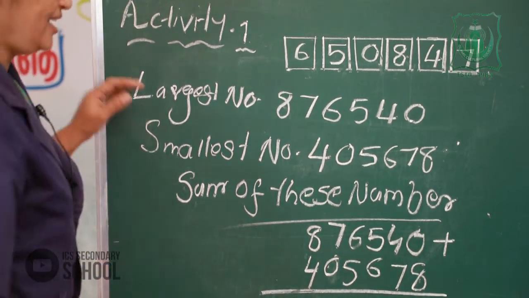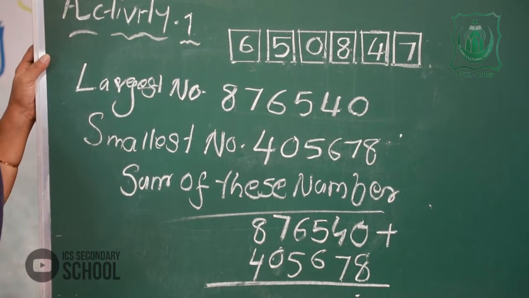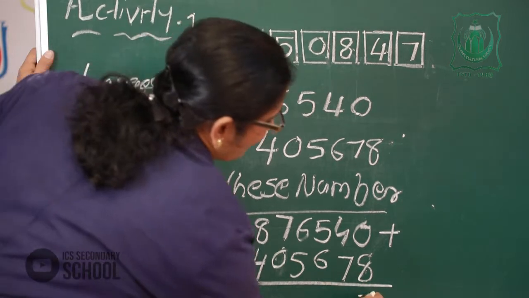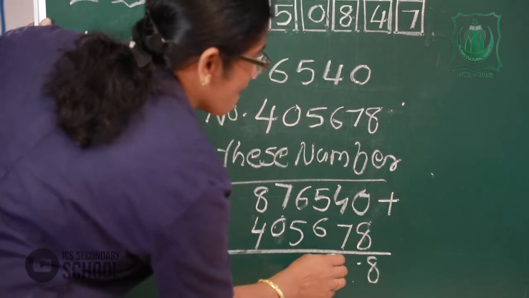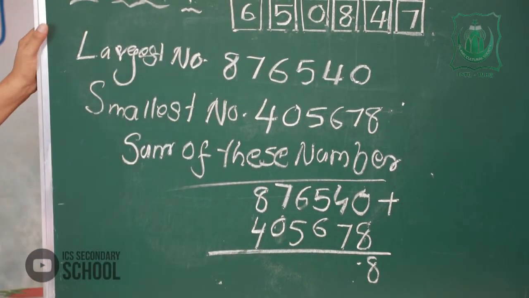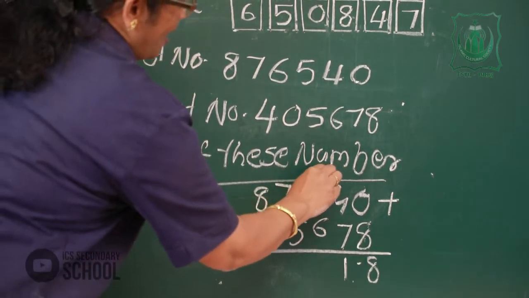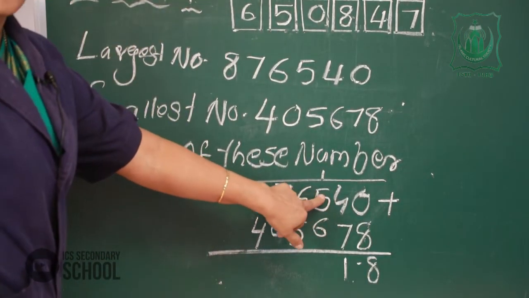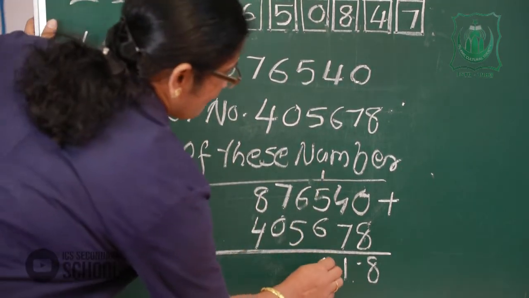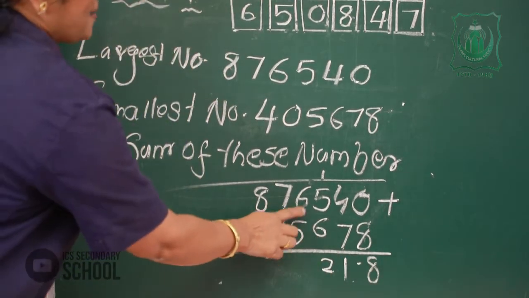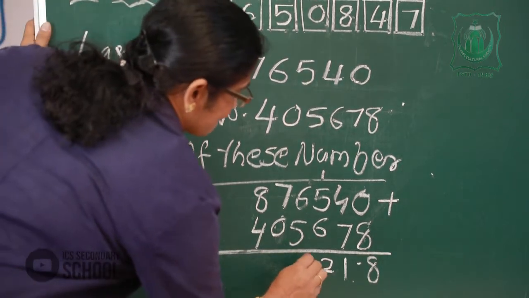Yes, add 8 plus 0, 8. 7 plus 4, 11. Very good. 11, and 1 balance. And 6 plus 5, 11. 11 plus 1, 12. 5 plus 6, 11, plus 1, 12.